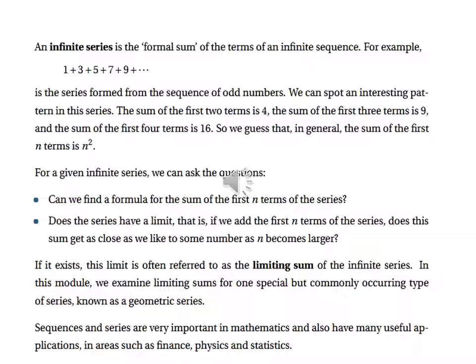Sequences can be either finite or infinite. For example, if we have a sequence consisting of 2, 4, 6, 8, 10, this is finite. There are no other terms at all.